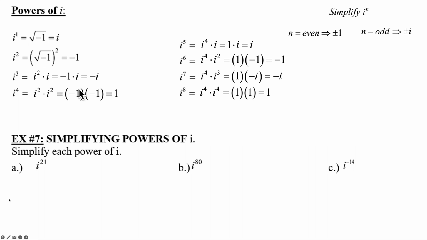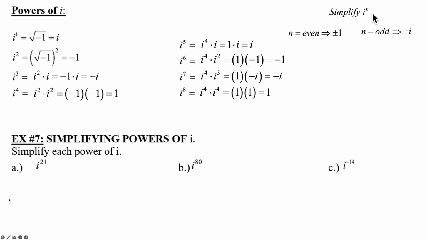If I multiply two negatives together, it's a positive. If I multiply 4 negatives together, it's a positive. If I multiply an even number of negatives together, it's a positive. And if I multiply an odd number of negatives together, 1 or 3 or 5, it stays negative.